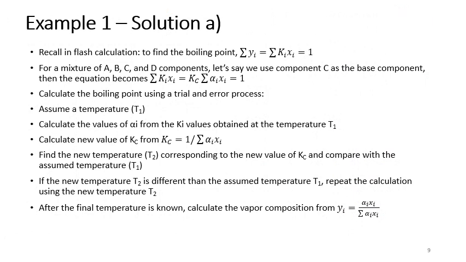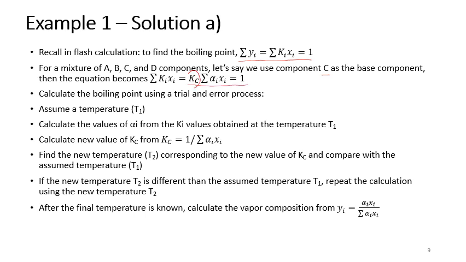To actually solve part A of example 1, we have to recall in flash calculation how to find the boiling point of the mixture. To find the boiling point, you have to satisfy this equation. So you have components A, B, C, D. Let's say you use component C as the base component, then the equation becomes like this.